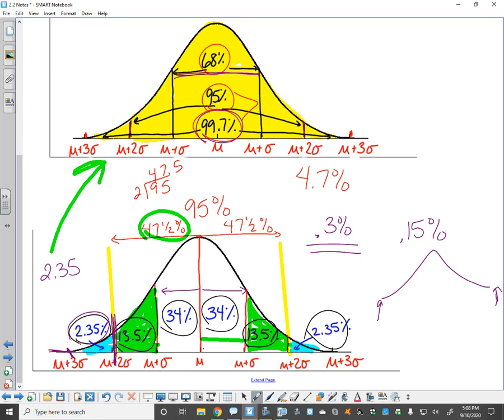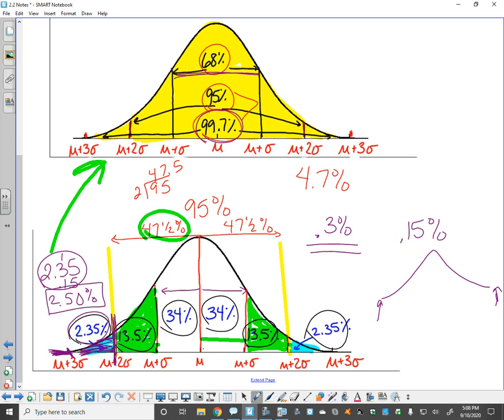So I'm talking about beyond 3 standard deviations. So if I know that I'm 2.35 here, and now I just need to know what's beyond the 3, that's the 0.15. So then if I add those 2 areas together, I get 2.5%.